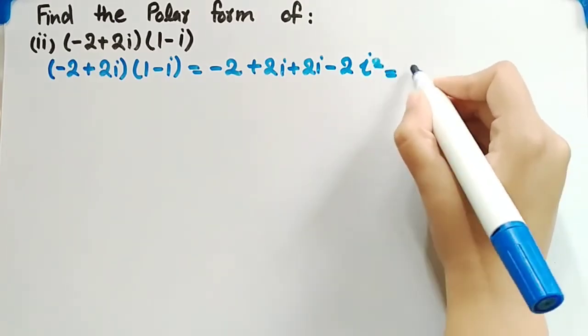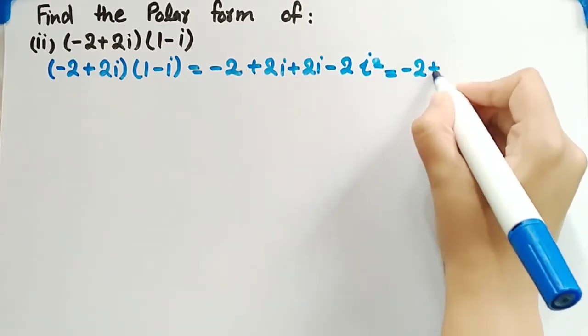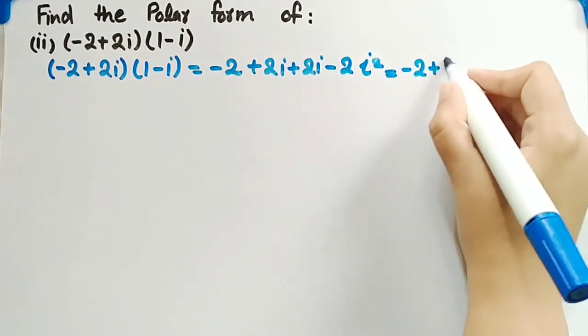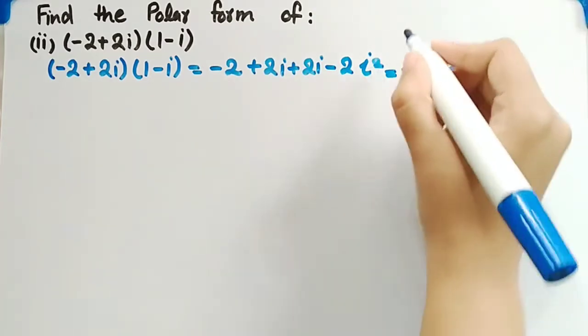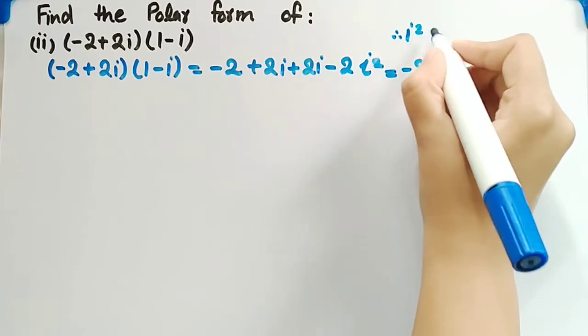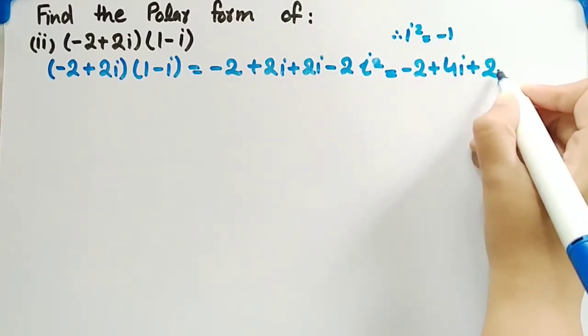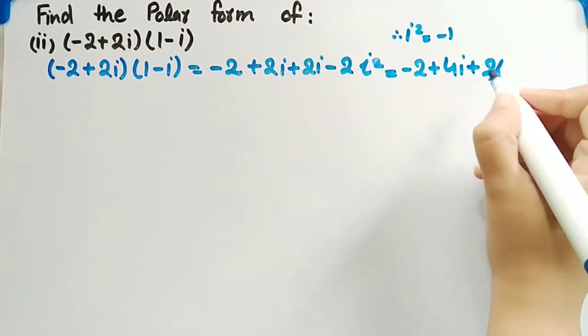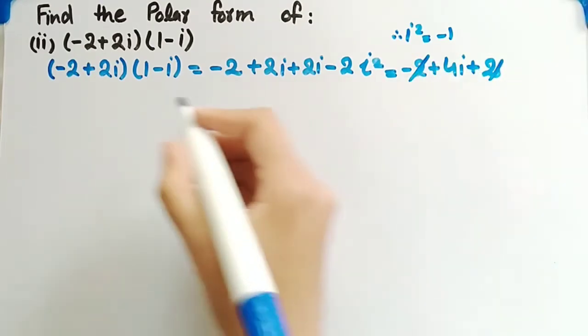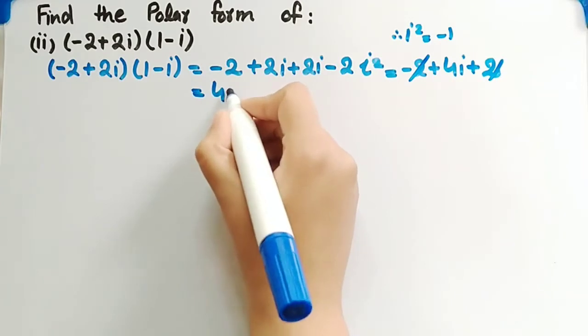This can be written as -2 plus 2 iota plus 2 iota, which is 4 iota, and we know that iota square is equal to -1, so it will become +2, and 2 will be cancelled by -2, and we are left with 4 iota.